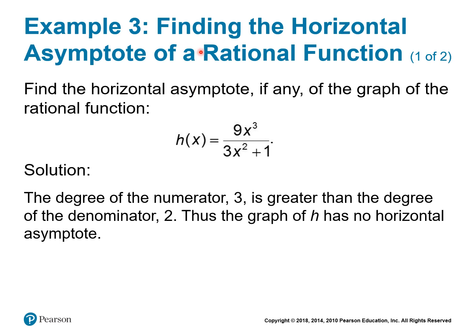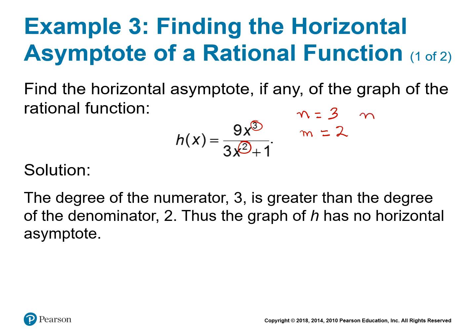Here's a third example, applying the rule where n is greater than m. It says find the horizontal asymptote, if any, of the graph of the rational function h of x equals 9x cubed divided by 3x squared plus 1. Again, we look at n, which is the exponent of the leading term. n equals 3 in the numerator, and in the denominator, denoted by m, the leading exponent is 2.